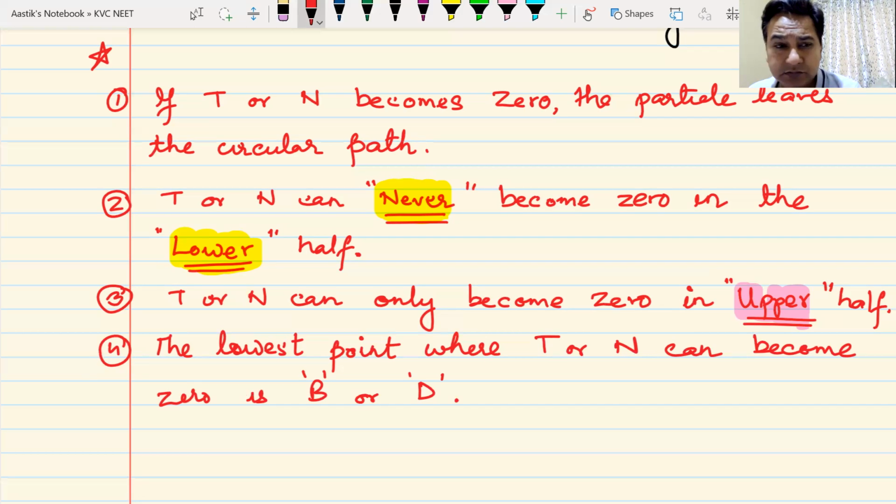Below that, it can never become 0. Above that, it can also become 0. The lowest point where it can become 0 is point B or point D.